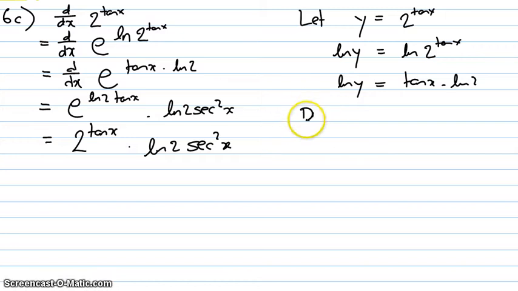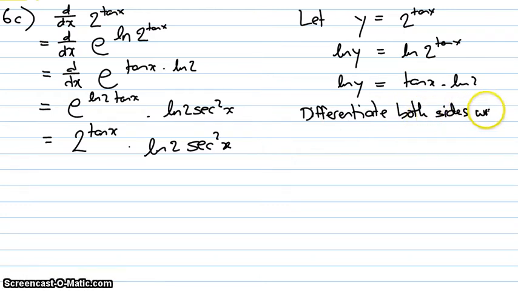Now I can differentiate both sides with respect to x. What do I get? Differentiate ln y, I'm going to get 1 over y times the derivative of the inside, which is dy by dx, is equal to, ln 2 is just a constant, tangent x I get secant squared x.